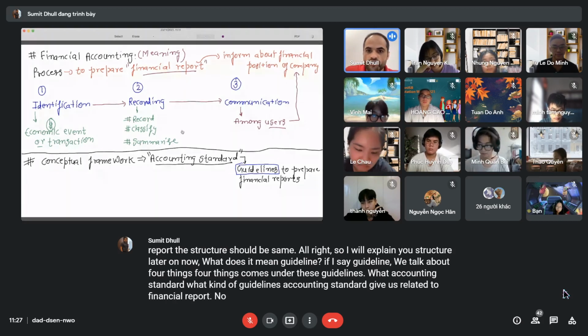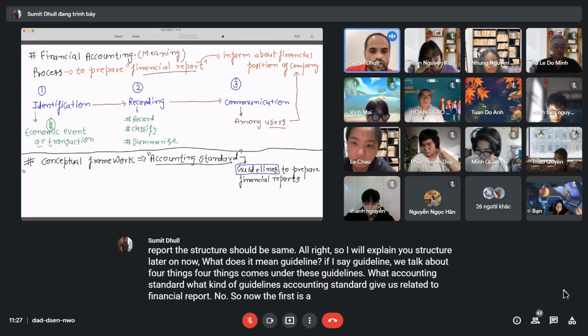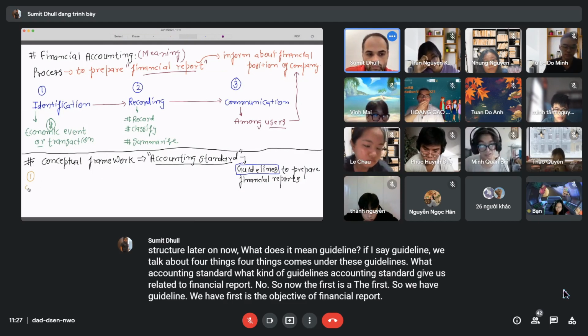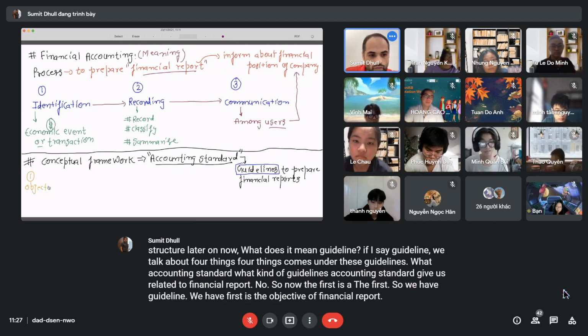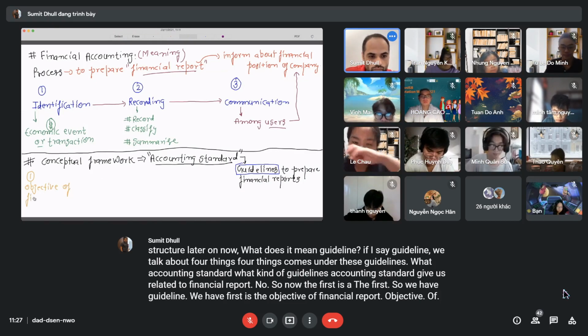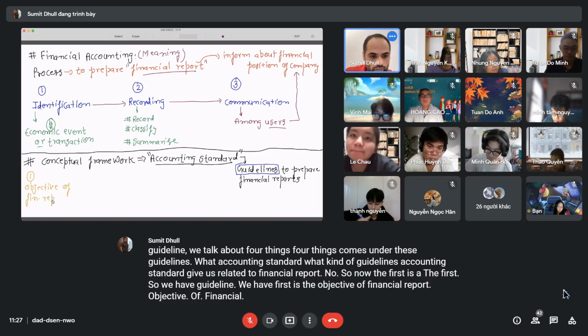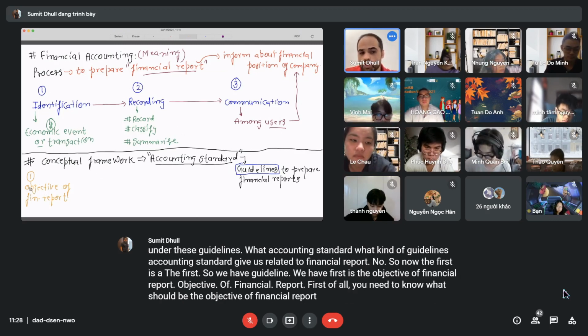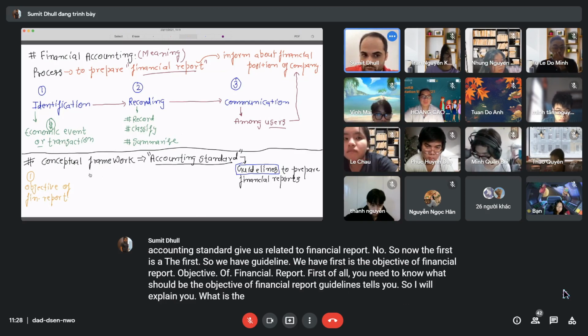So the first is the objective of financial report. First of all, you need to know what the objective of financial report should be. Guidelines tell you. I will explain all of it.